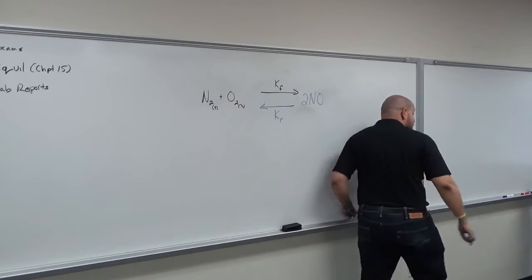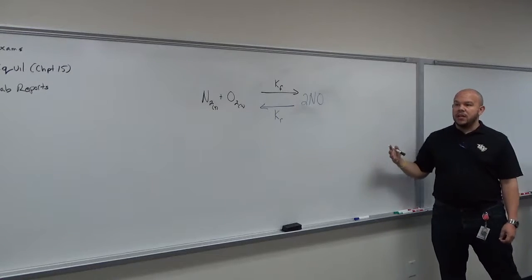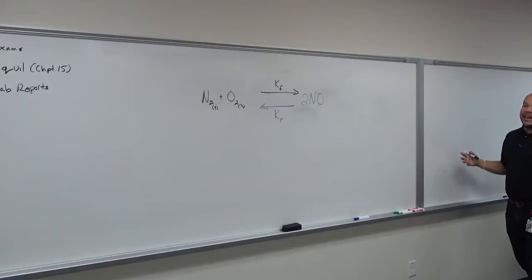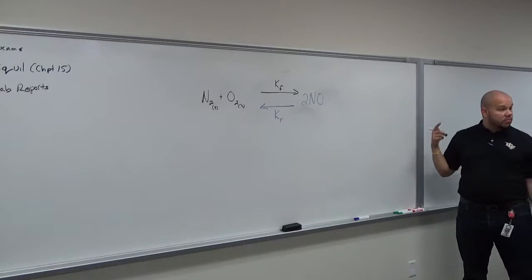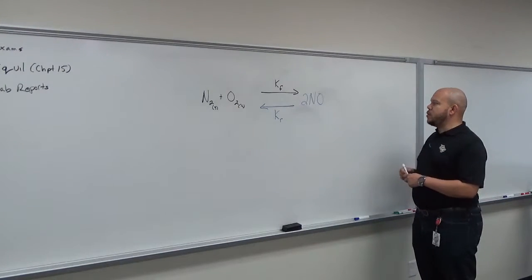And now, if I was to tell you to assume that this was an elementary reaction, what you would then be able to tell me, or show me, is that the forward reaction, if it is in fact an elementary reaction, should be what order?